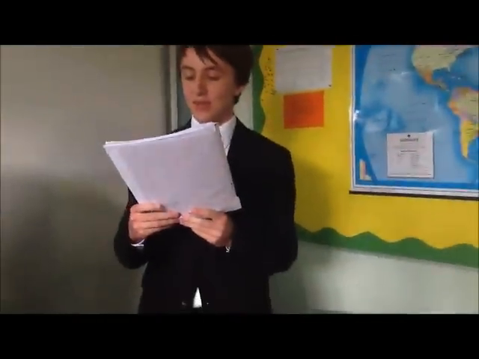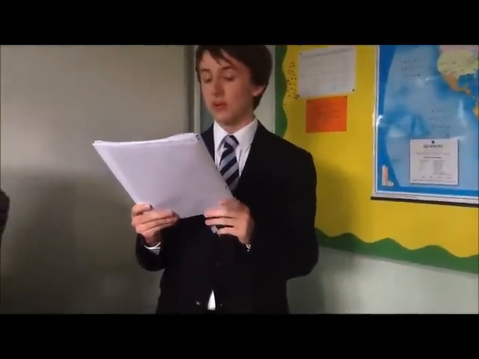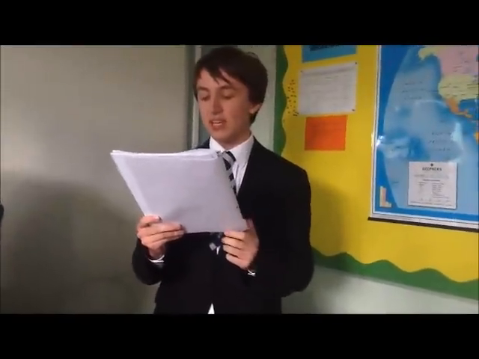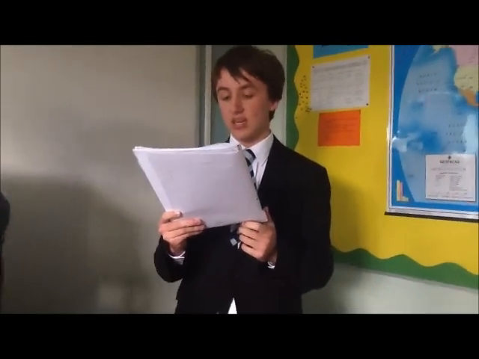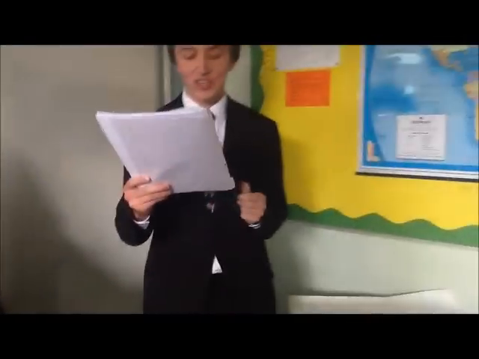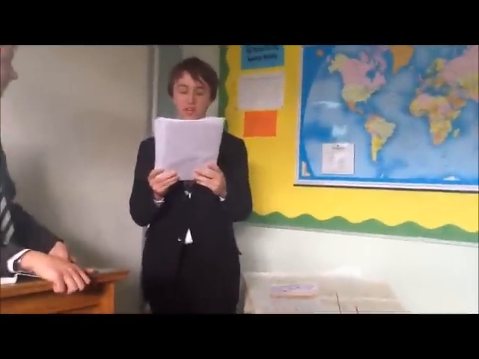Number 3. Composite cones are alternating layers of lava and tephra, including lapilli. Most of these, like Mount Etna, have secondary cones called parasitic cones, although Mount Fuji is a classically shaped cone. Number 2. Ash and cinder cones are steep-sided, symmetrical, concave craters formed by ash, cinder and tephra.